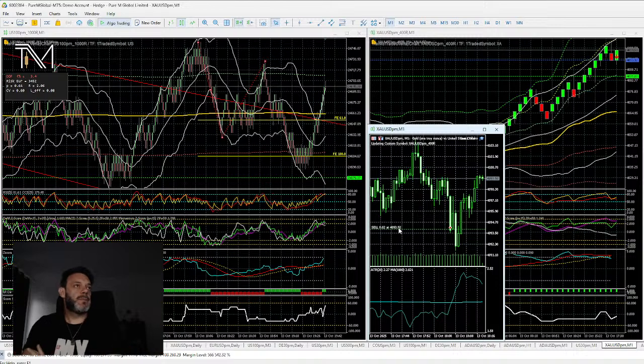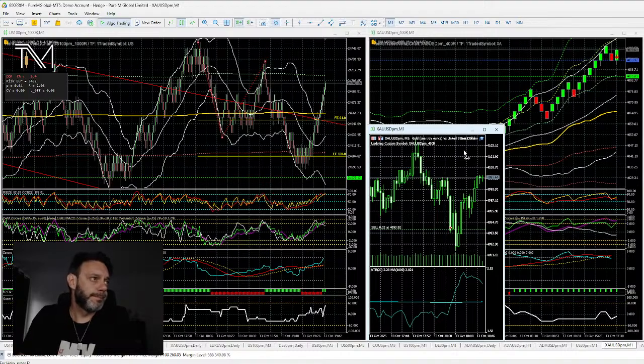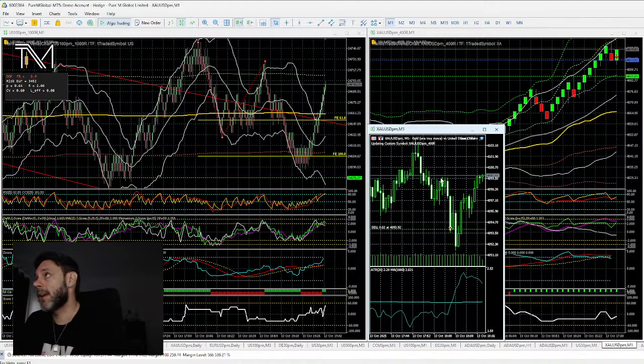Yes, since it's preparing a new breakout of the all-time high, this one, currently 41.04 about. Now we are at 40.99, almost 4100, rounded. So keep going on gold.